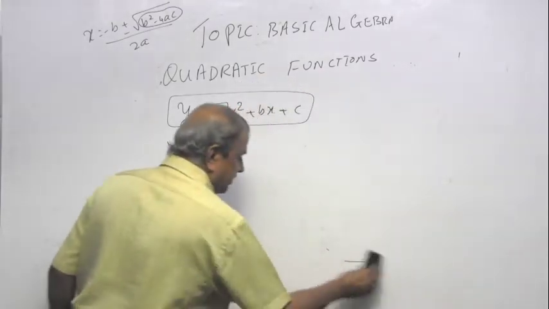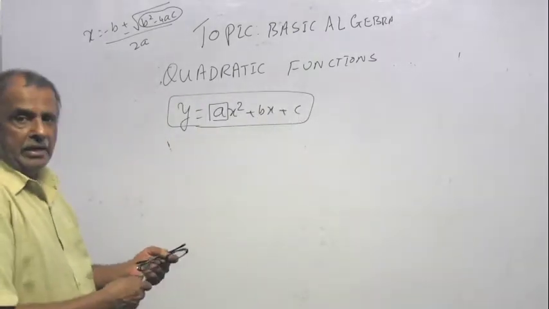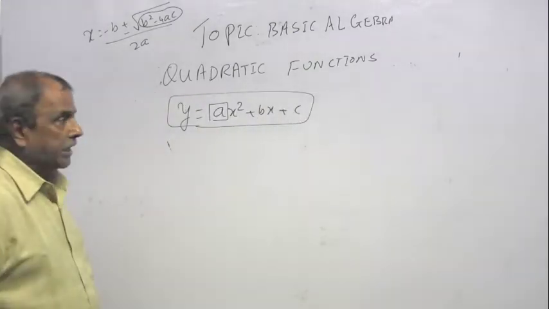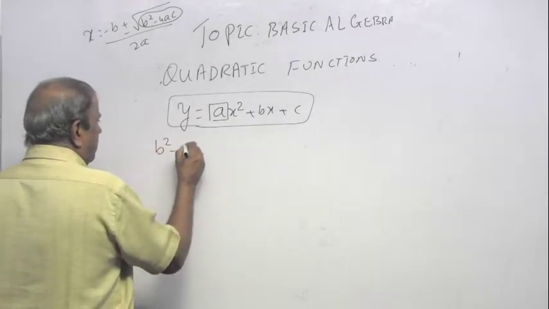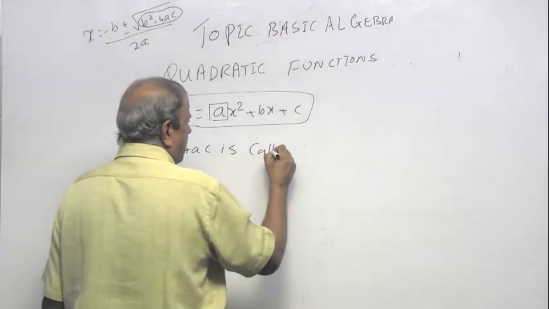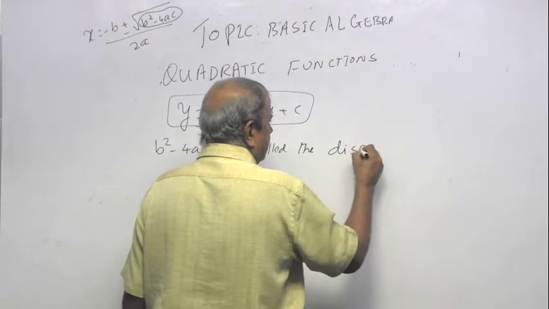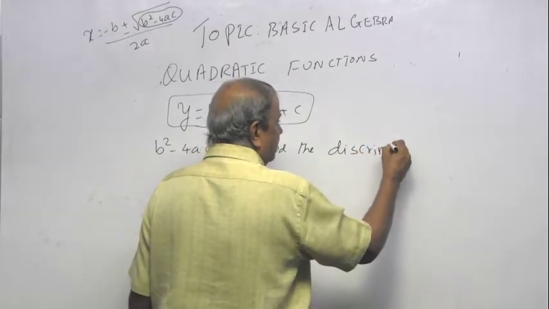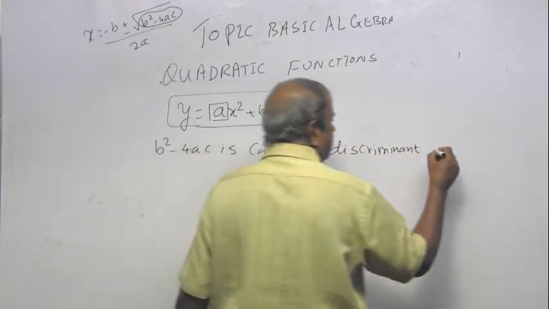Of course, please understand, a cubic also has a discriminant which is beyond you and any other equation, 4th degree, 5th degree, but we're talking only discriminant of a quadratic. So b squared minus 4ac is called the discriminant of the quadratic. It discriminates among the types of roots.